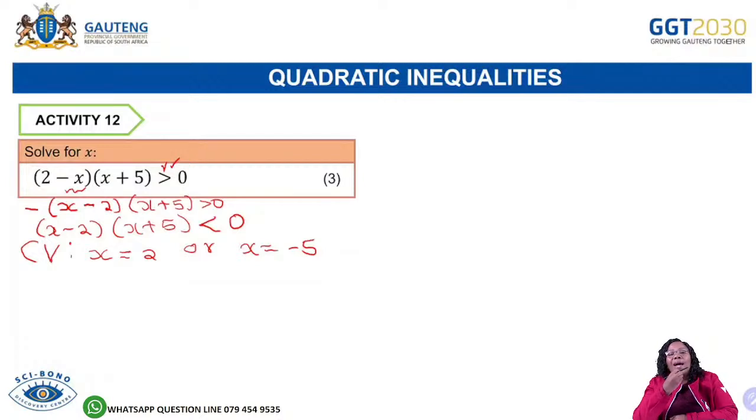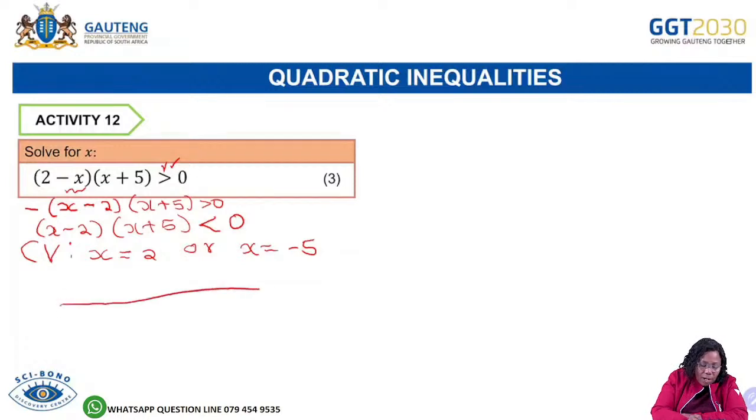That is why we call those values critical values, not yet the solution, because we are using equal to 2 and equal to minus 5. After the critical values, we put them on our number line, starting with the smaller number. Minus 5 is smaller than 2, followed by the bigger one.